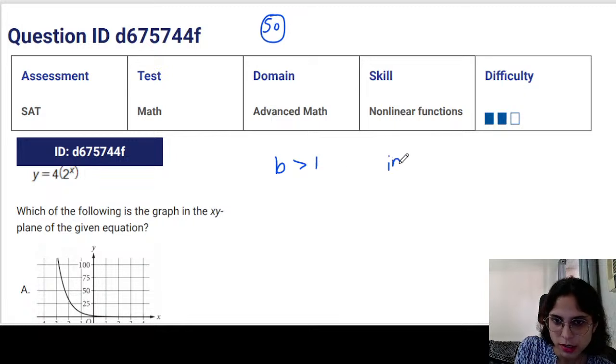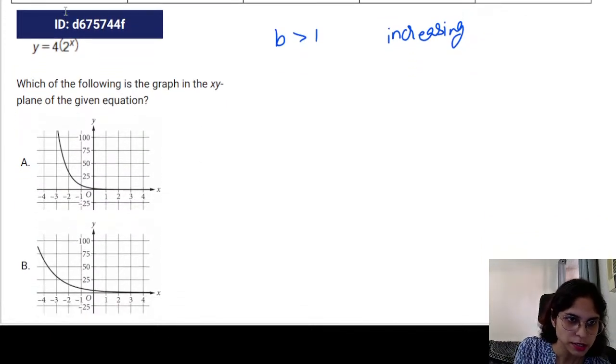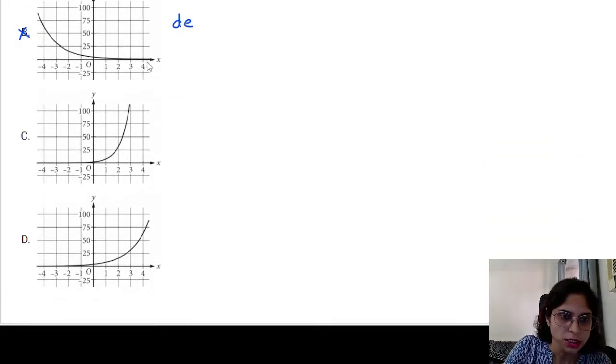So it has to be an increasing graph. This one is decreasing, so you can cancel this. This one is also decreasing, so you can cancel this option as well. Now C and D are increasing, so which one do we choose?